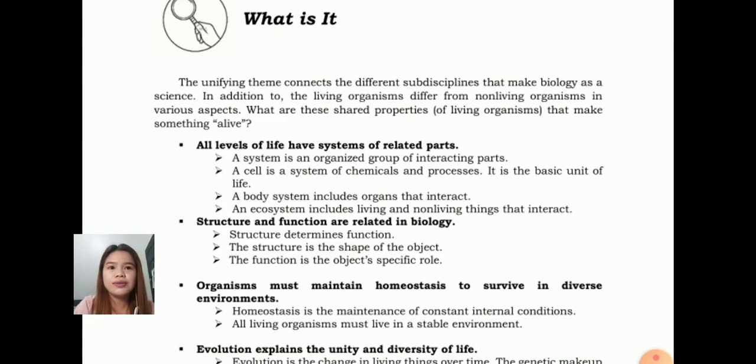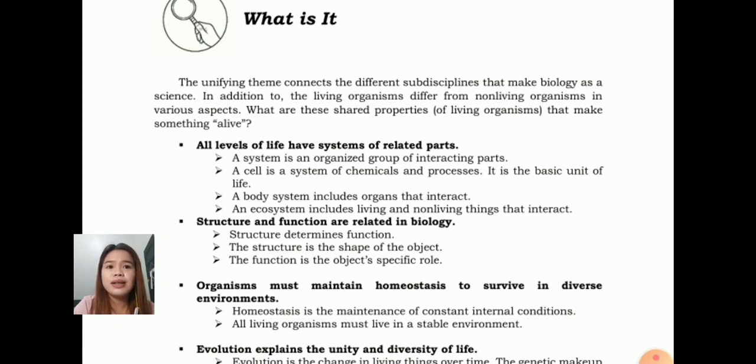In addition, living organisms differ from non-living organisms in various aspects. What are these shared properties of living organisms that make something alive? First is all levels of life have a system of related parts.